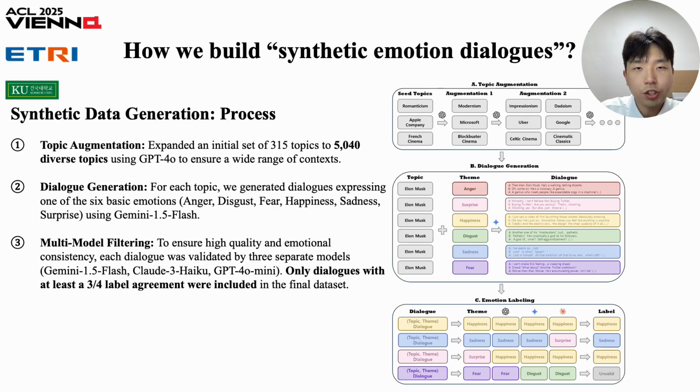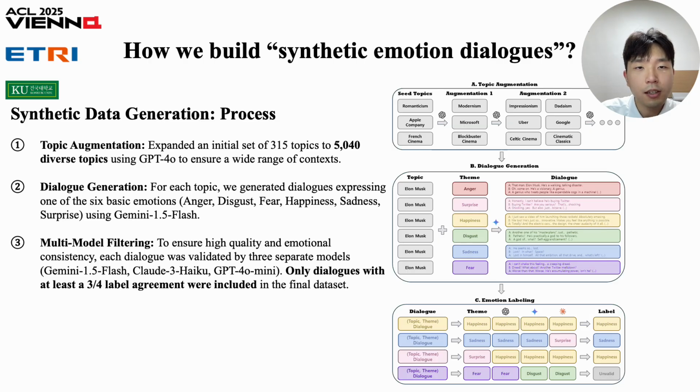To find these neurons, we first needed the right data. We built our own high-purity synthetic emotion dialogue dataset in 3 steps. First, topic augmentation. We expanded 315 topics to over 5,000 for diversity. Second, dialogue generation. For each topic, we generated dialogues for one of the 6 basic emotions.